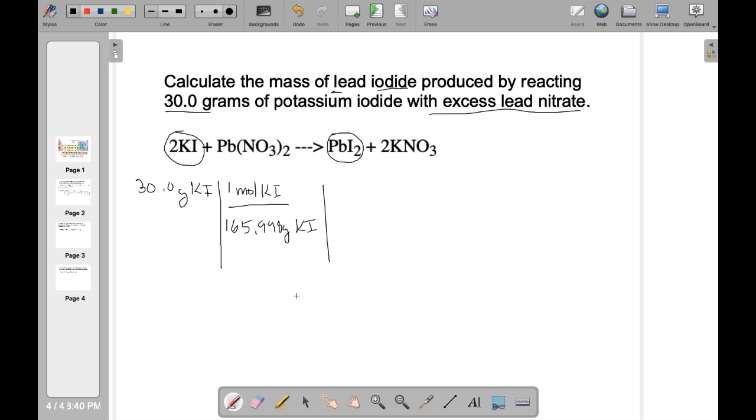Okay. Now I need to look at my conversion factor from this to this. Not conversion factor, but ratio, sorry. Well, if I have 2 moles of this, I get 1 mole of this.